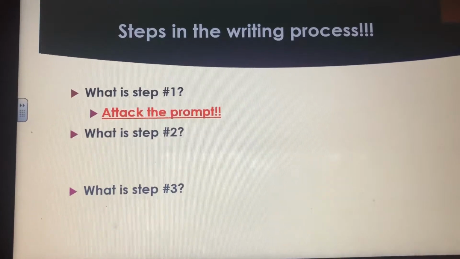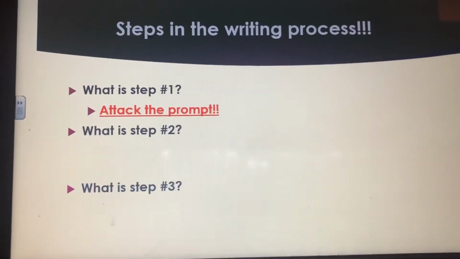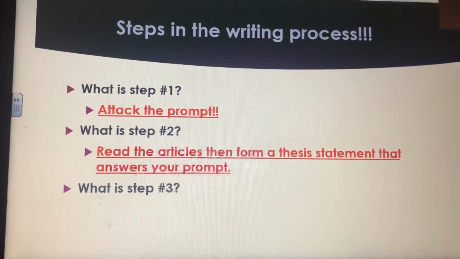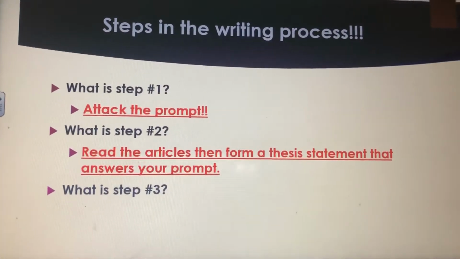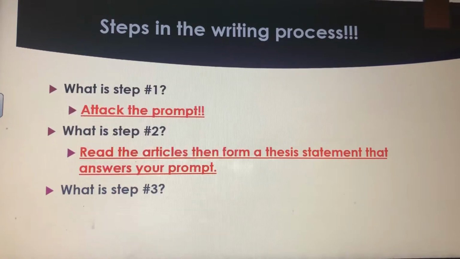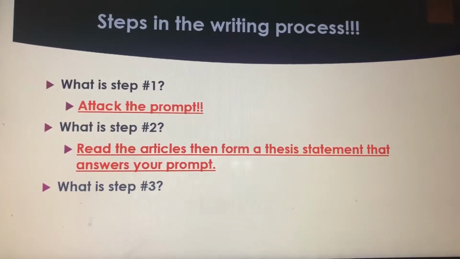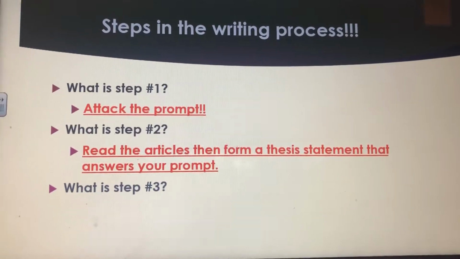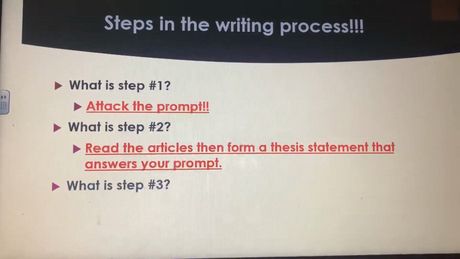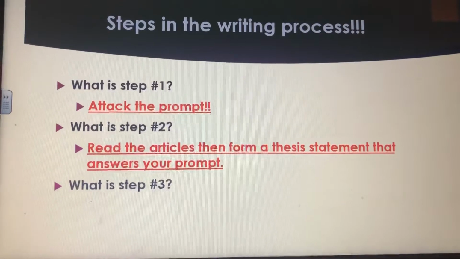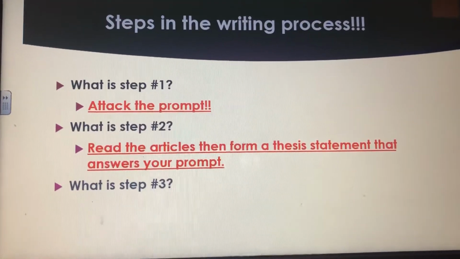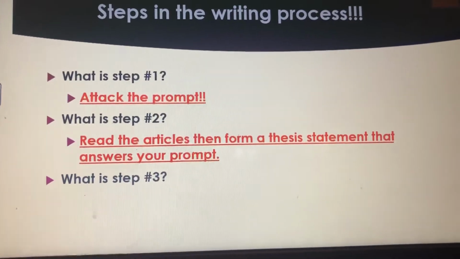Now, what's step number two? Think about it. If you said to read the articles, then form a thesis statement that answers your prompt, you're correct also. Our next step after attacking the prompt to figure out the type of writing that we're doing is to now read so we can create a thesis statement, which is also, we learned, a compound statement.